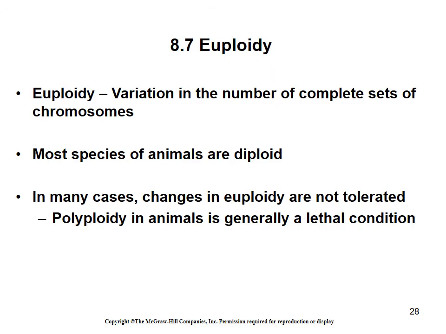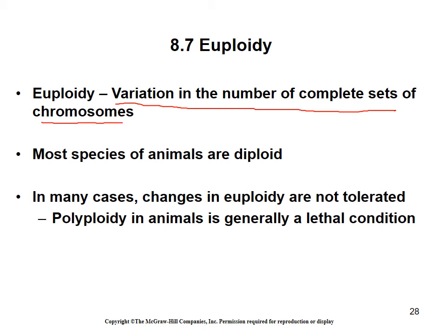All right, and then euploidy, as we were discussing beforehand, is when you have a variation in the entire set of chromosomes. So instead of being diploid, maybe you are looking at a triploid, so a 3N copy, or you're looking at a tetraploid, a 4N copy.